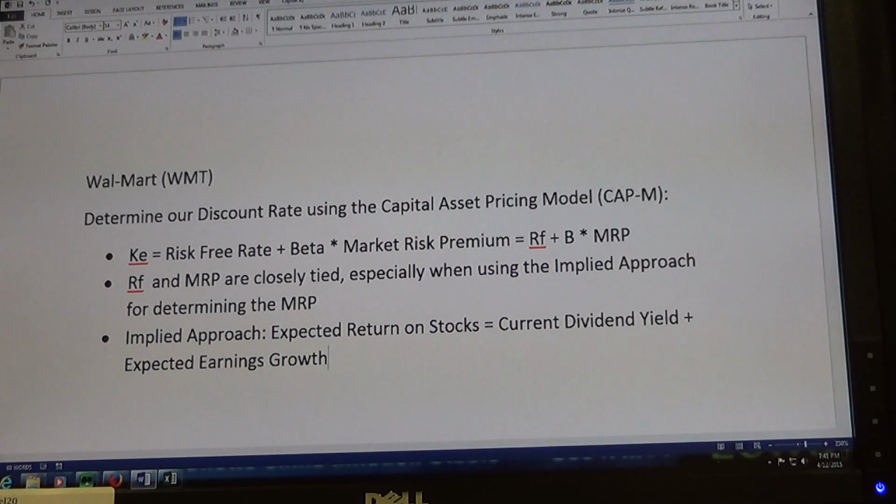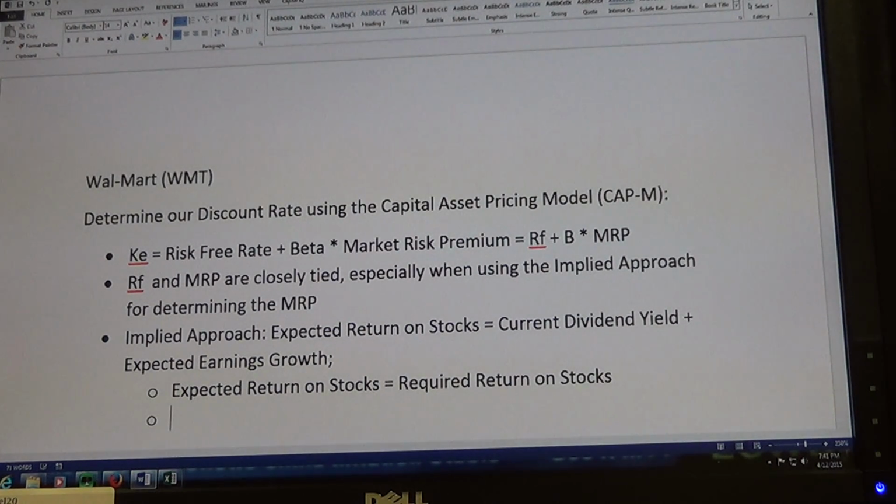And if the expected return on stocks equals that, we also assume that the expected return on stocks should equal the required return on stocks. What investors expect stocks to make in the future should be what they require them to make in the future in order to compensate them for risk.